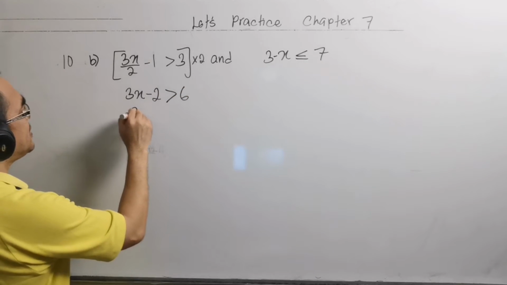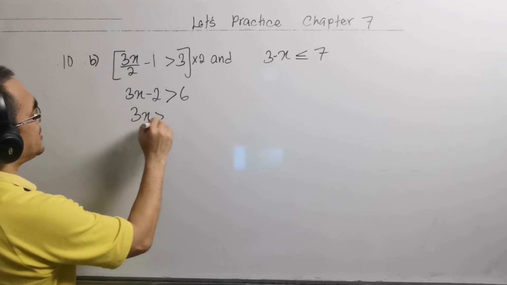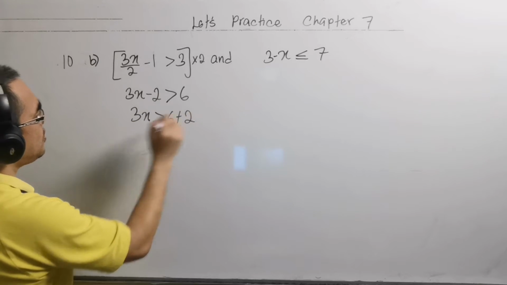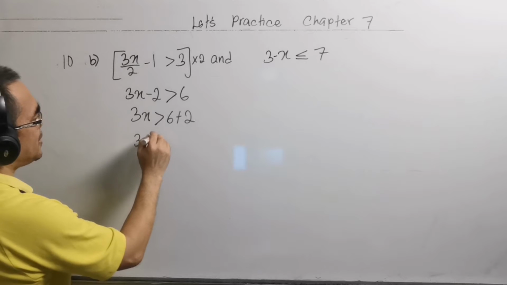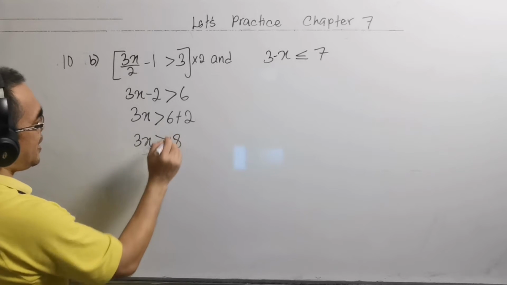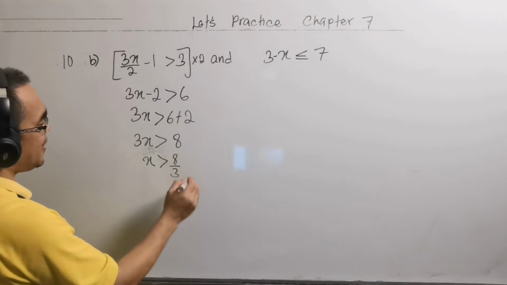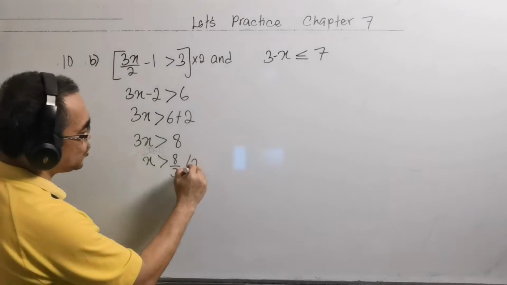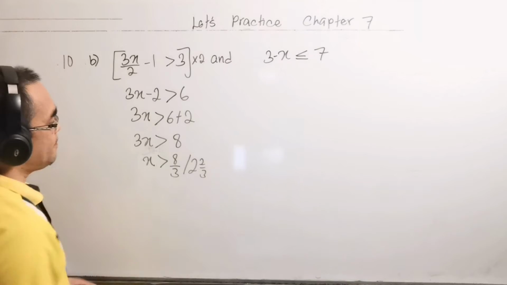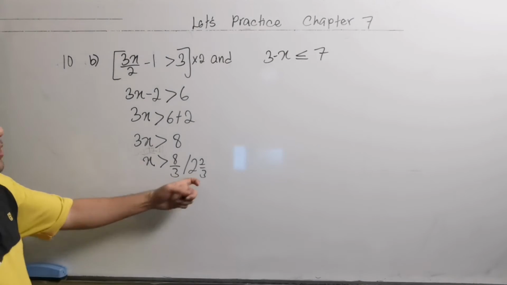So we have here 3x larger than 6 plus 2. So 3x will be larger than 8. So x is larger than 8 over 3, which is 2 and 2 over 3. Okay, we might need this info.